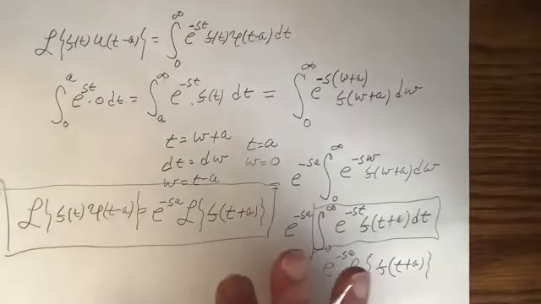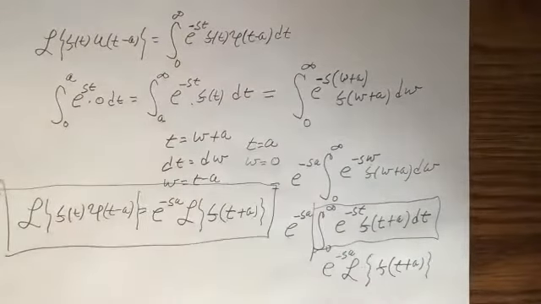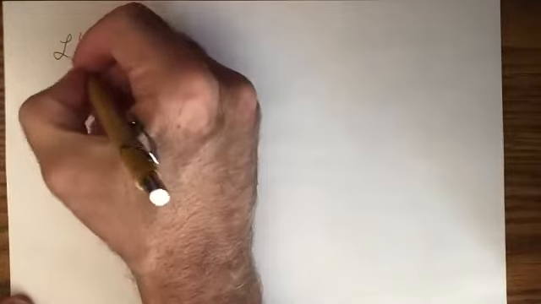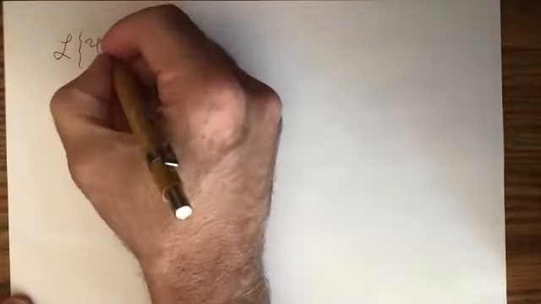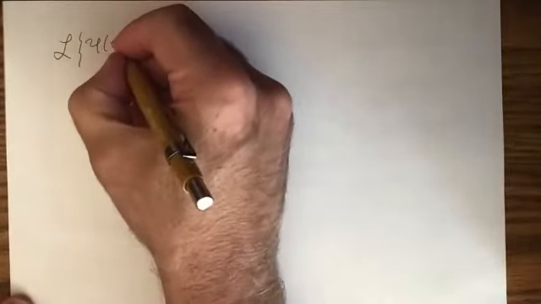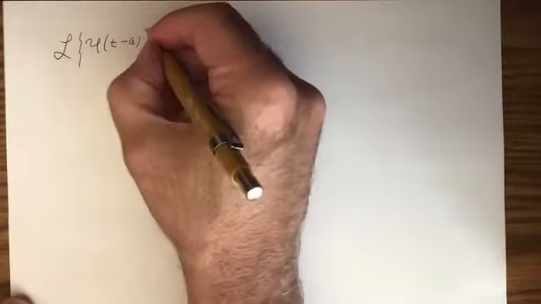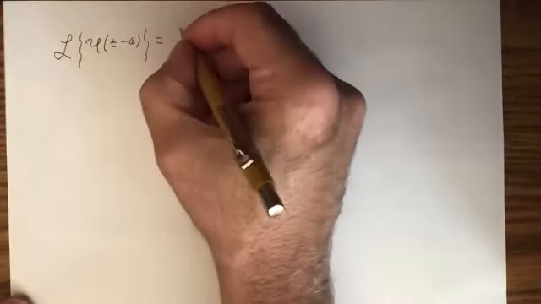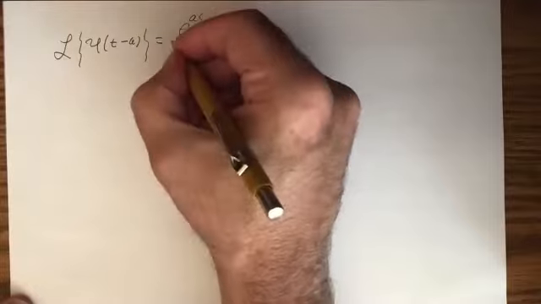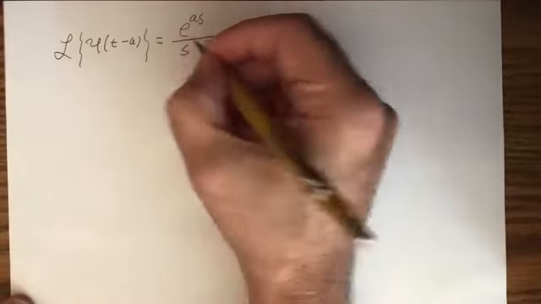Okay, so that's good. But what's important now, if you're following along on chart 20, so let me just copy these down. This is what we need to know. The Laplace transform of the unit step function is equal to this.